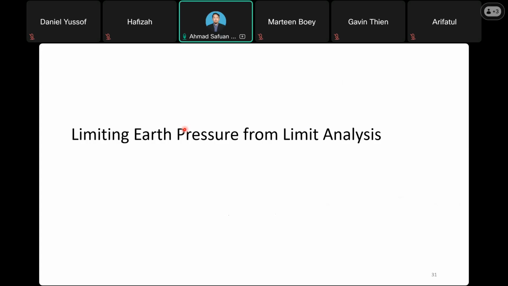Okay, so that is all for some of the explanations on the soil mechanics, that later on we can get an idea when we want to look at the limiting earth pressure from limit analysis. Before we go to the limiting earth pressure from limit analysis, I have given you a PDF on example 1.